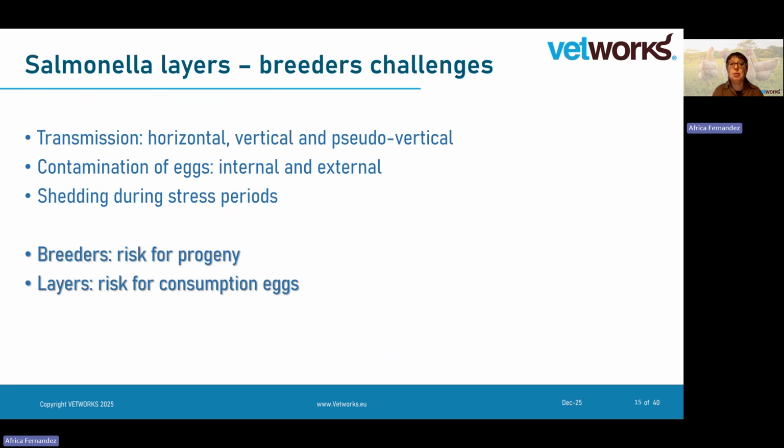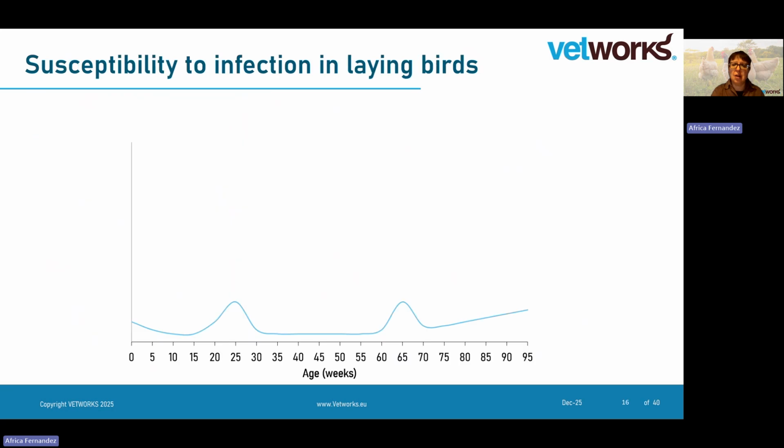Another consideration in layers and breeders is controlling stress. Stress is always really quite important to control. So in this small graph, you have how susceptible the chickens will be to Salmonella infections.